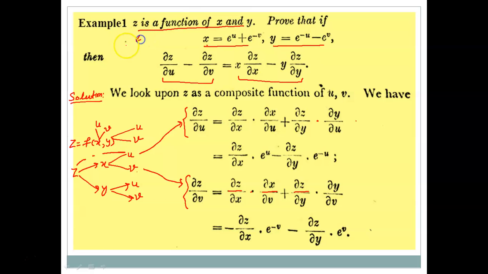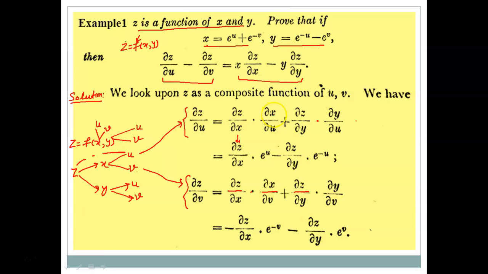Simply, we are not given that z equals something like x square plus y square or z equals xy. Means this is not given to be a fixed expression. In fact, it is a general form. That is why we are keeping this del z over del x as such here.